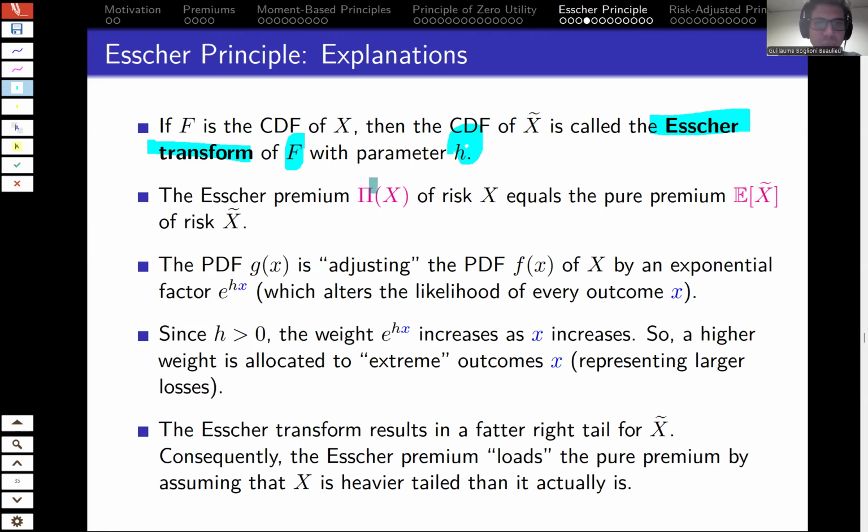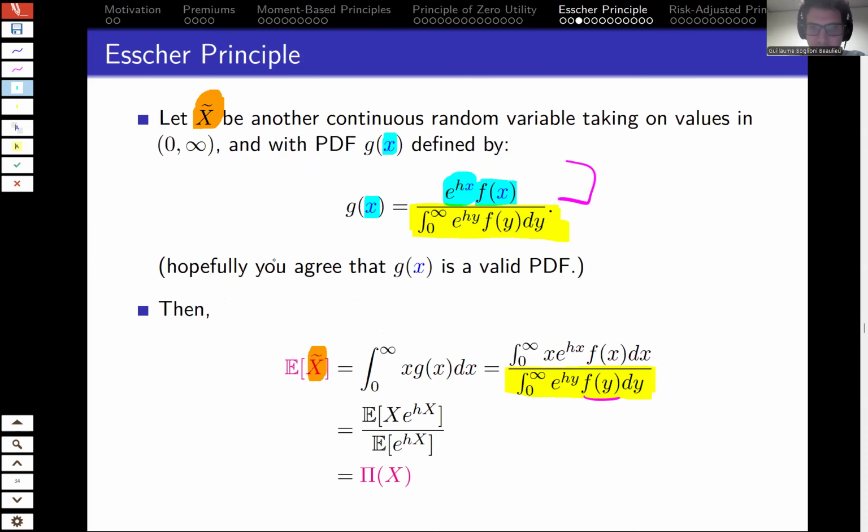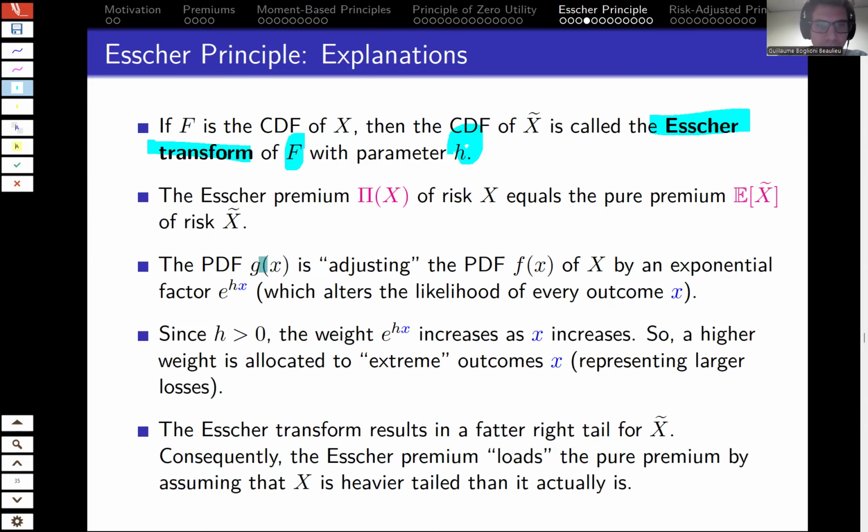As I just said, the Esscher premium pi of x equals the pure premium, the expectation of x tilde, of the risk x tilde. But now, for the interpretation, the PDF that we call g of x is adjusting the PDF f of x by an exponential factor here, e to the hx.